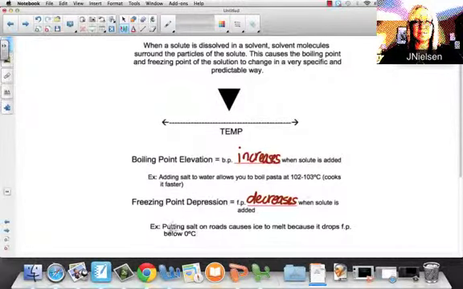And it's the same reason. Putting salt on roads causes the ice to melt because it drops the freezing point below 0 degrees. So the normal freezing point of water is 0 degrees Celsius. When we salt the roads, it may be 1 to 2 degrees below 0. That is now the freezing point of water, depending on what kind of salt we're using.